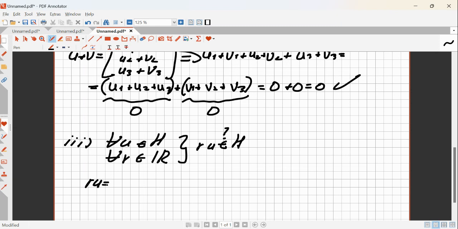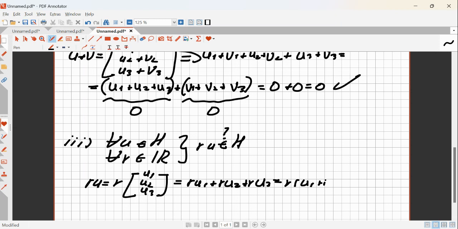u multiplied by r, where r is just a coefficient: r times u1, u2, u3 equals ru1 plus ru2 plus ru3, which equals, let's take r as a common multiplier, r times u1 plus u2 plus u3.